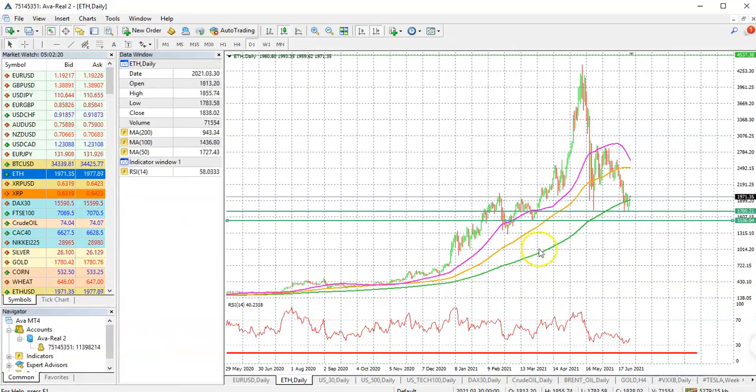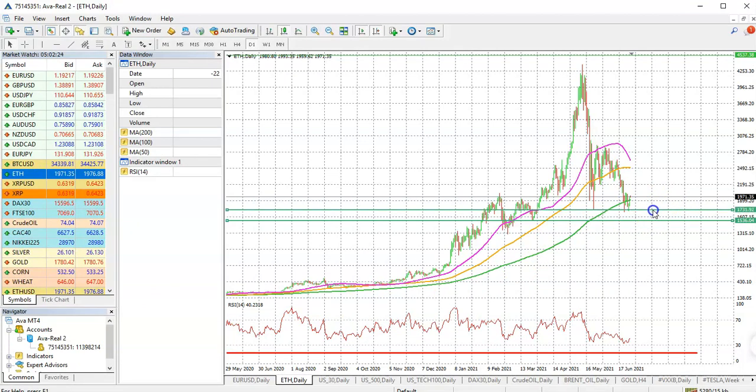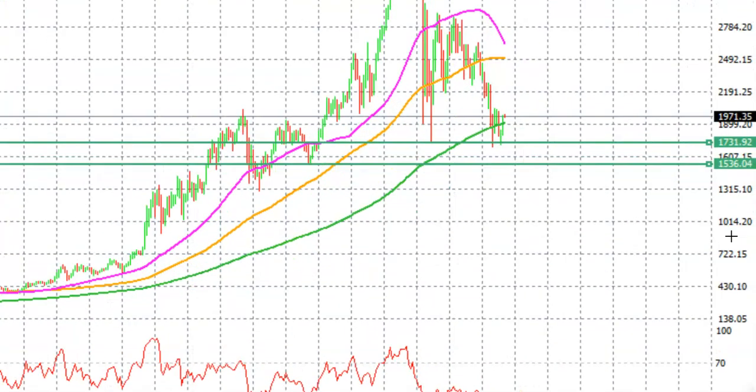So that is the area which is very much in focus in terms of price action. So once again, the numbers for the support zone are as follows: 1536 to 1731.